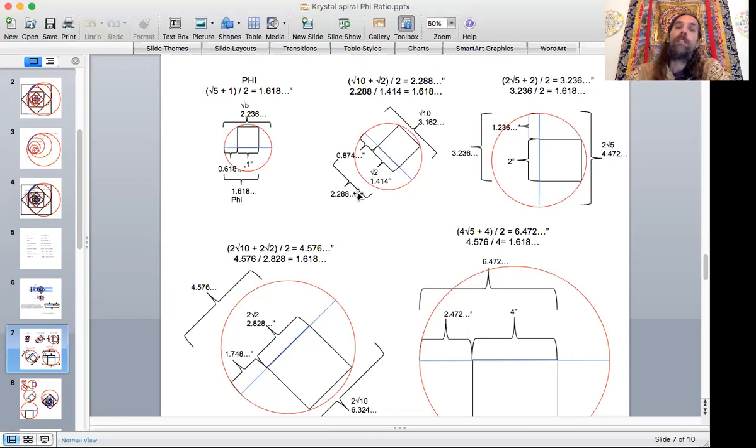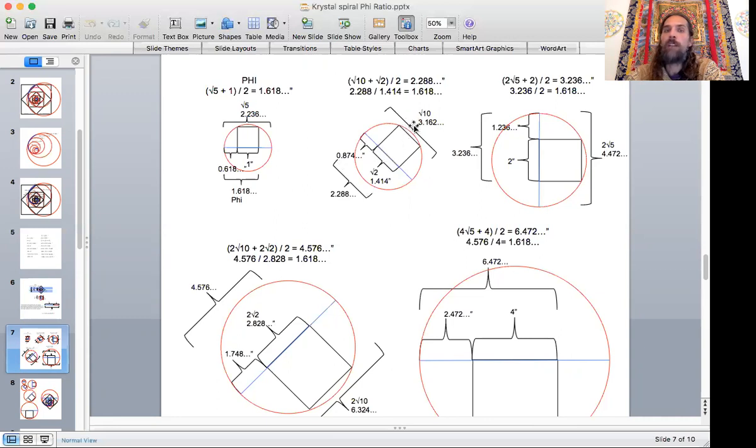So here's the 2.288 measurement. That's from here, plus this addition, which is the 0.874, right? The other way you can go about getting this measurement is to take the whole length of root 10 and subtract the root 2 measurement, which is this square in the middle.